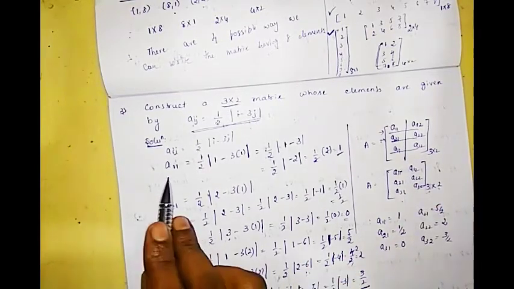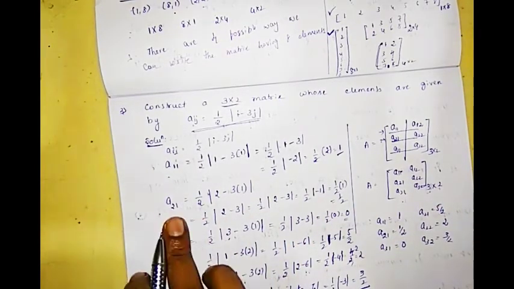Therefore, finally let us write the matrix. How will it look? A11 value is 1, A12 value is 5 by 2. Be careful here: first row first column is 1, second row first column is 1 by 2, third row first column is 0. Then first row second column is 5 by 2, second row second column is 2, third row second column is 3 by 2.